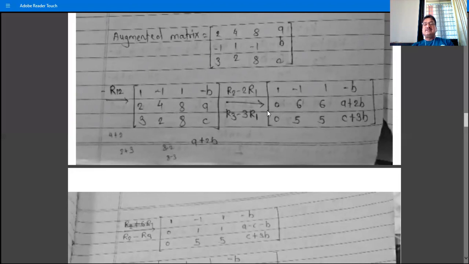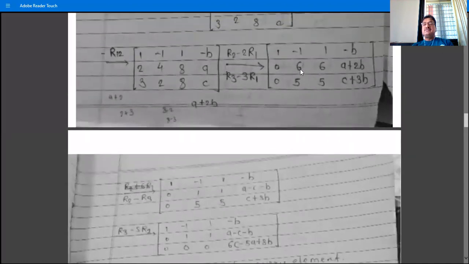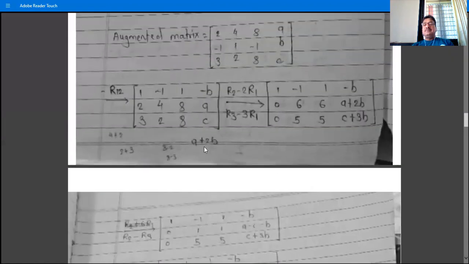So the first row as it is, the second row is 0, and then 6, 6, and in this way a + 2b. Then we have 0, 5, 5, and c + 3b after R3 - 3R1. Then we have to reduce this 6 to 1.